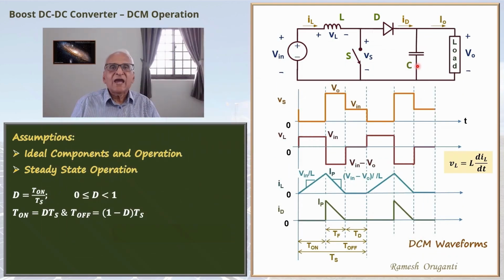This is the average of the switch voltage, Vs average. We'll find out what the average of the switch voltage is. If you look at this loop, Vin minus VL minus Vs is 0. Vin is a DC quantity, VL and Vs vary with time.